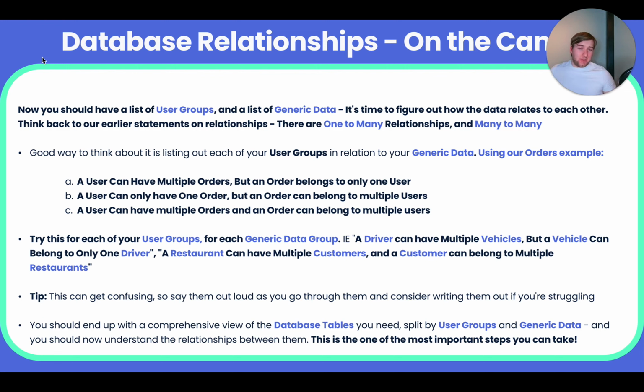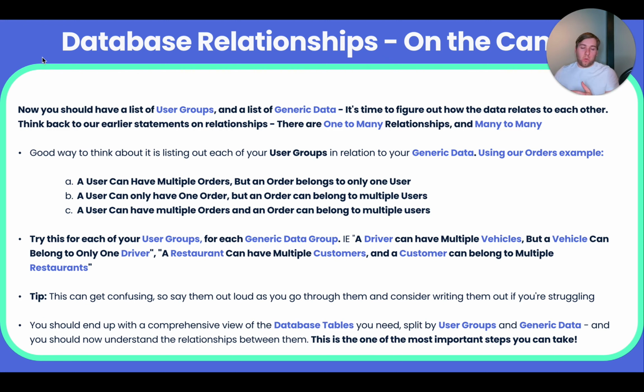Now, this is going to feel really similar to the pillar around databases where we talked about relationships before. If you remember, we talked about one-to-many relationships and many-to-many, but I took you through a good way of spelling these out, inspired by that Adalo screen. I said the best way to think about it is to say it out loud.